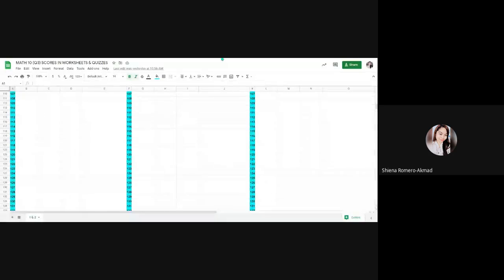Share ko sa inyo yung screen kung makikita nyo yung scores.